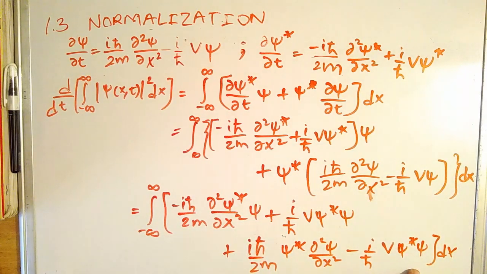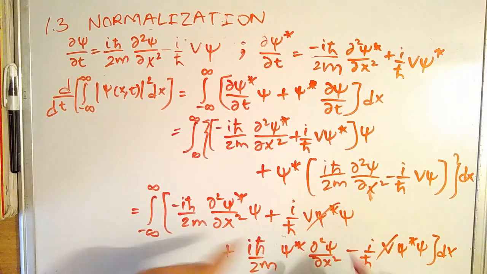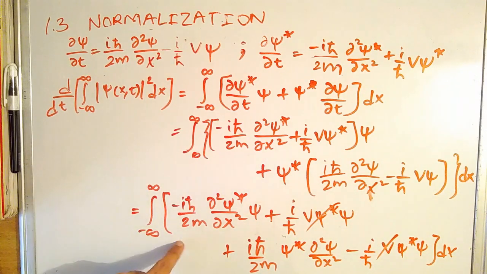So now we can see that these two quantities cancel out, and what we are left with is these two quantities. In them the factor iħ by 2m is common, so we will take that out and rewrite the expression.